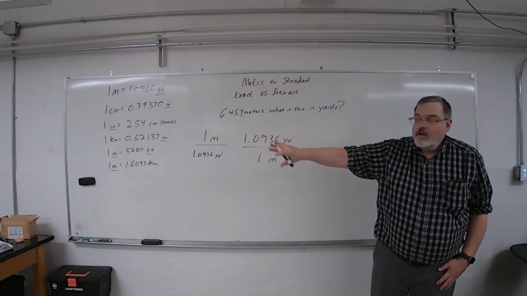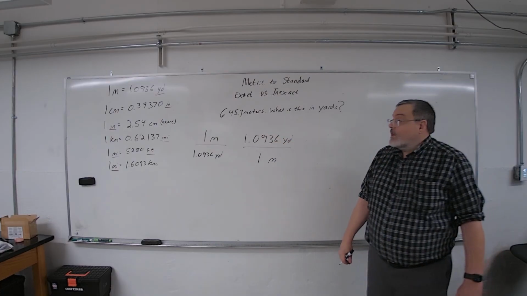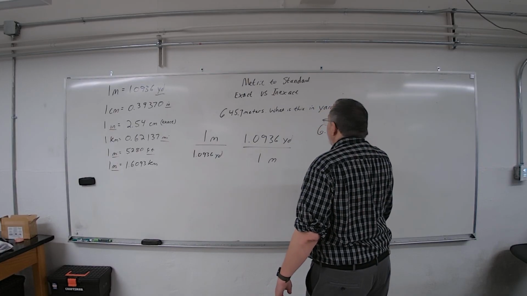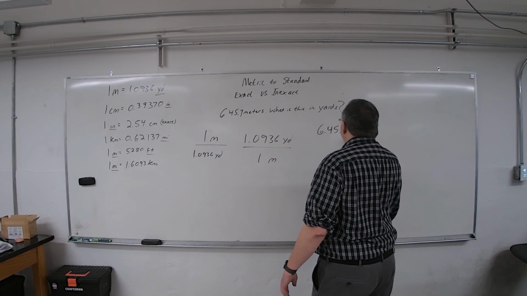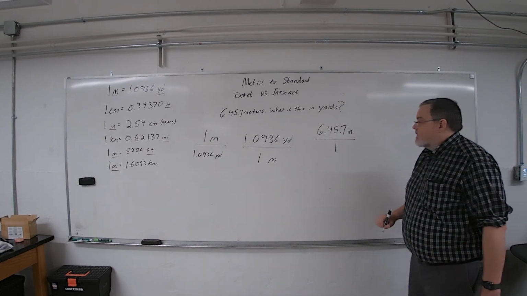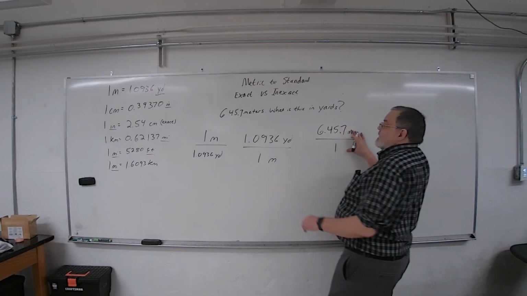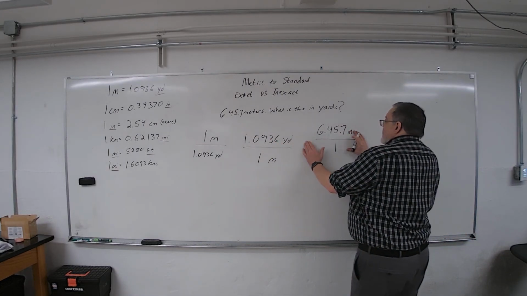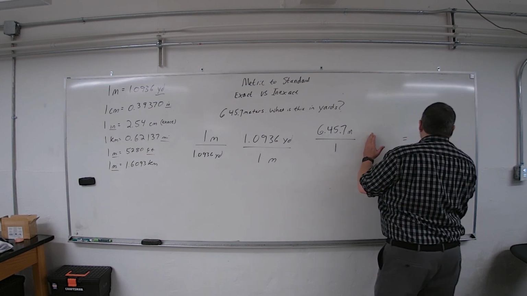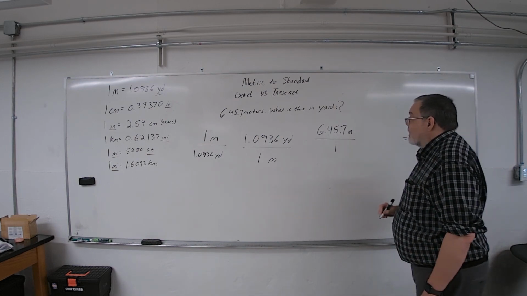So you take what's in the chart, you put it in this form, and then you go 645.7 meters. And I'm going to put it over 1 just because it makes things symmetrical. So that is just this piece of information. And now I need a conversion factor that's going to turn this into equals yards.